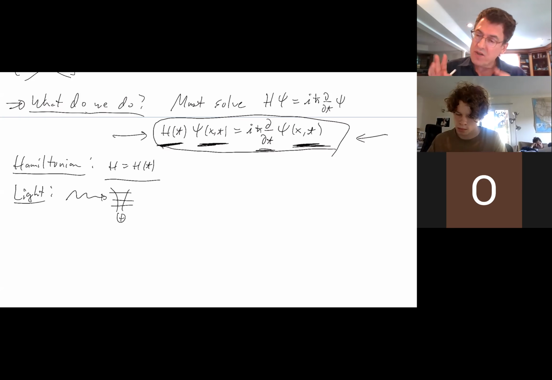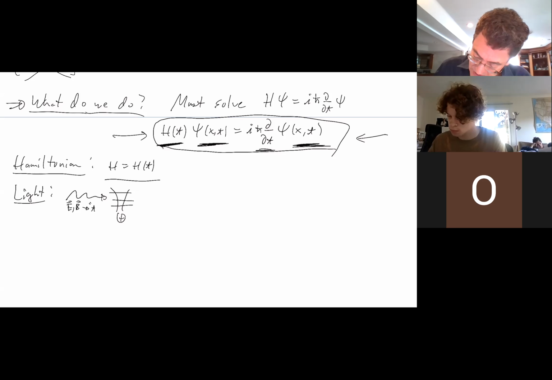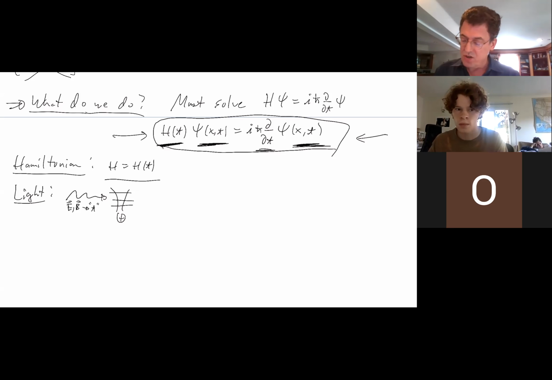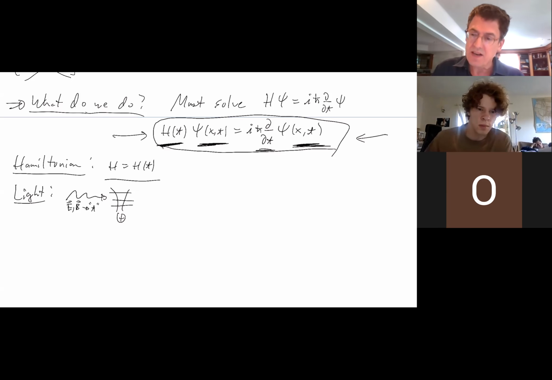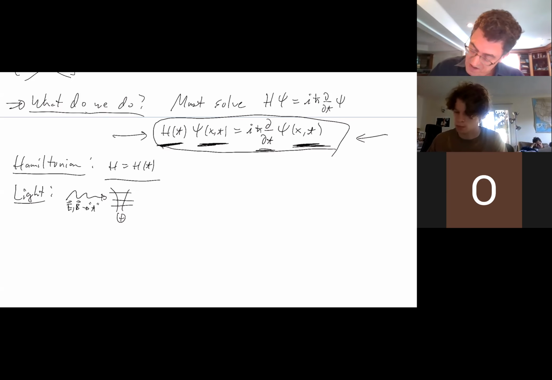Then the question is, what is the Hamiltonian for that? It turns out the right way to do it is kind of complicated, because we have an electric field and a B field that are changing in time. They have a time dependence. Basically this is the right way to do it, and then I'll make a big approximation.